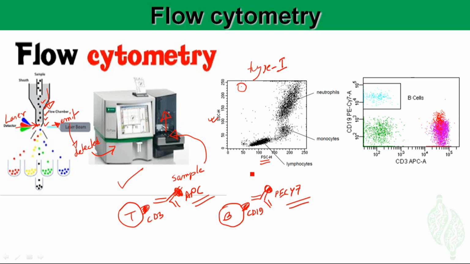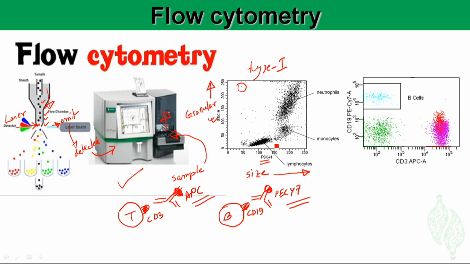And if the cell is bigger in size, the forward scattering light puts your cell on the right side of this plot, on the x-axis. And if the cell is more granular, then your machine will put your cell on the upper side of the y-axis.